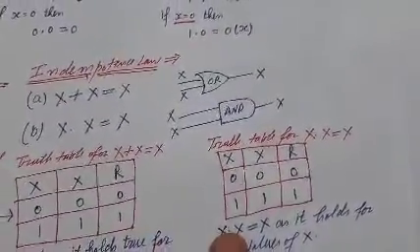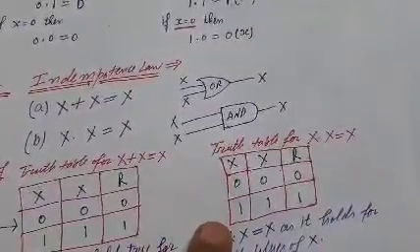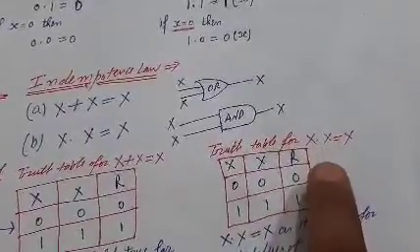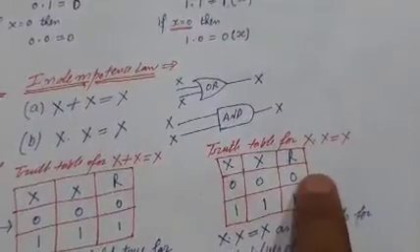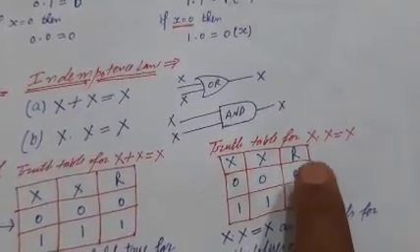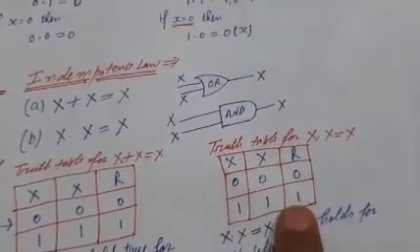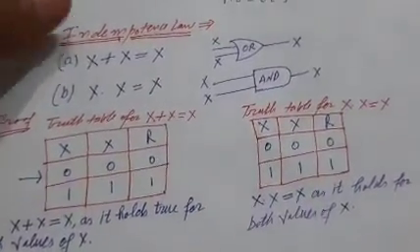Same for the truth table of x dot x equal to x. X has the value 0, 1. Then repeat the value of x, 0 and 1. So the result is 0: false and false equal to false, true and true equal to true. That is the same answer. First column and third column are identical, so we can say x dot x equal to x.